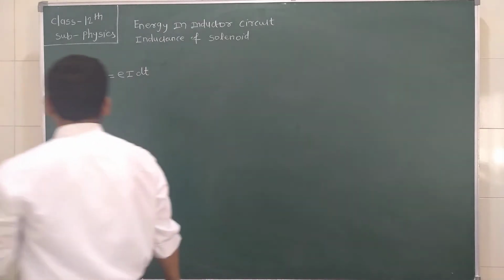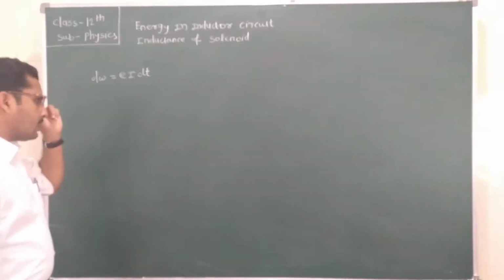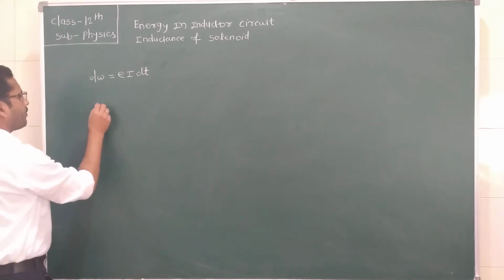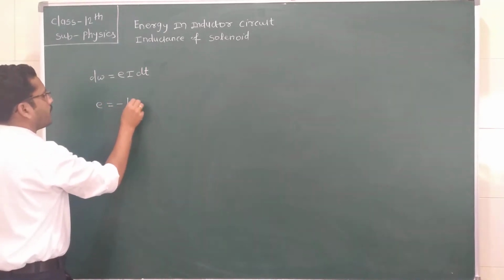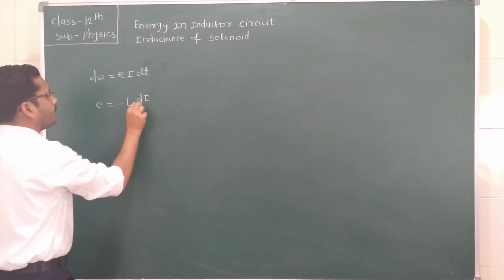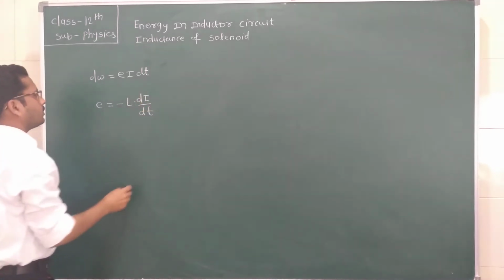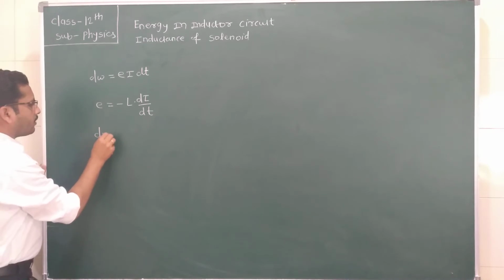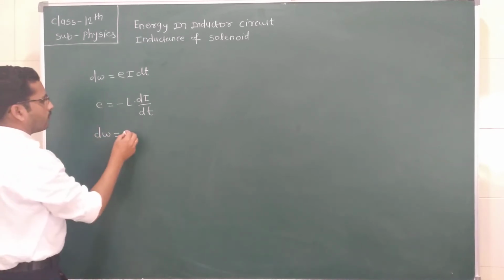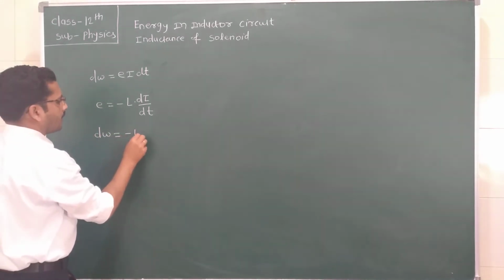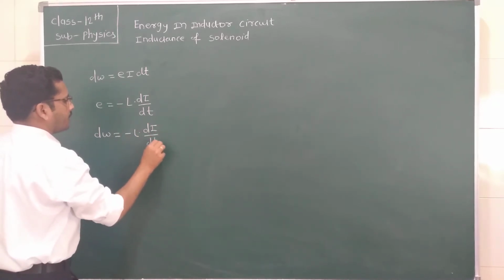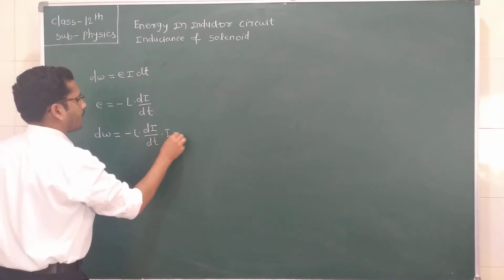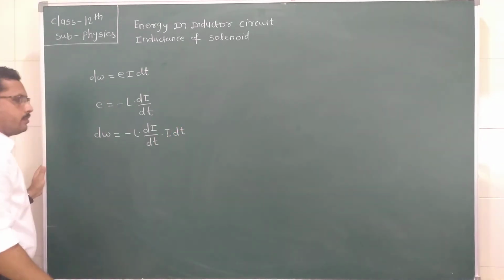Now this E is the induced EMF in the inductor circuit, and this EMF is given by E equals minus L di by dt. So what is the work done? Therefore dW is equal to minus L di by dt into I multiplied by dt.